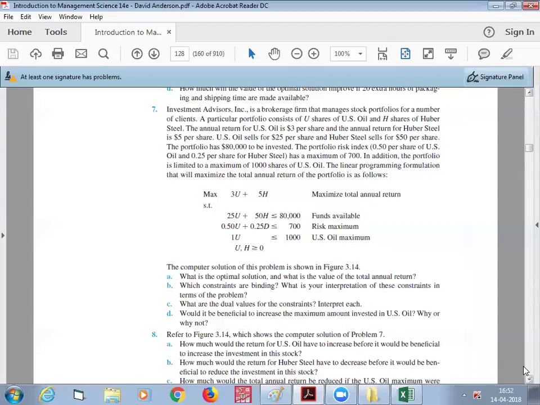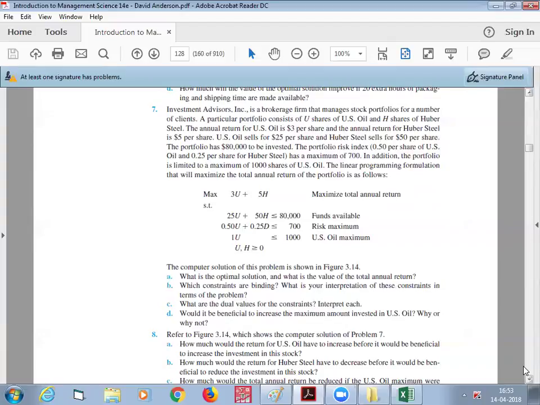US Oil sells for $25 per share, Huber Steel for $50 per share. The portfolio has $80,000 to be invested. Portfolio risk index is 0.5 per share of US Oil and 0.25 per share of Huber Steel, with a maximum of 700. In addition, the portfolio is limited to a maximum of 1,000 shares of US Oil.